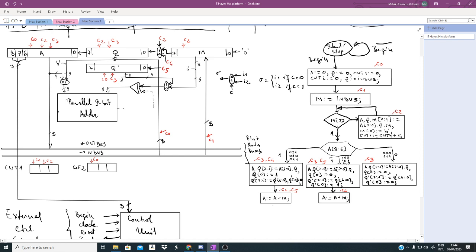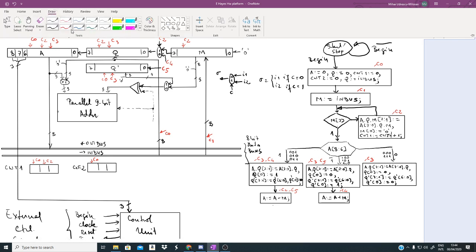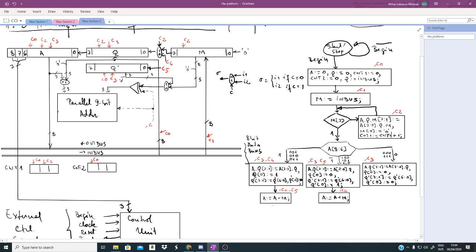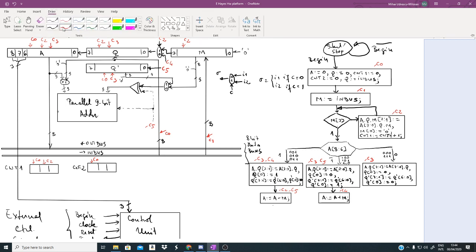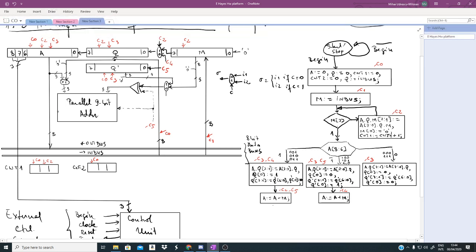This C5, right? This would be signal C5. Right, and C4, so I also need this guy over here. Here a control bit as well.